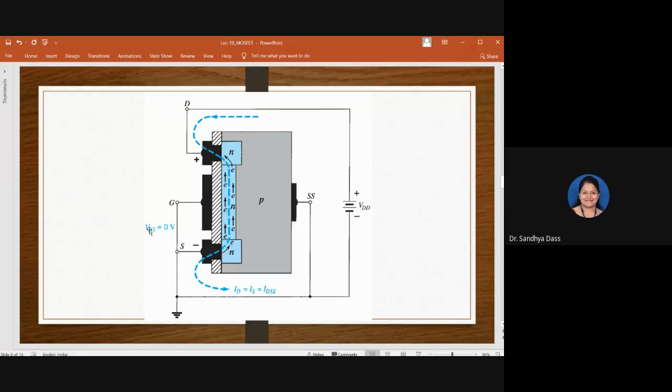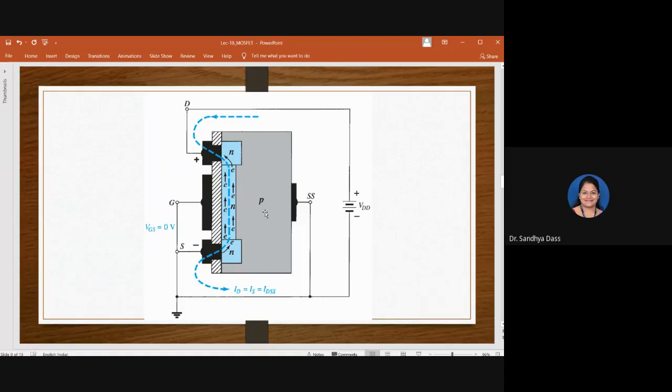Similar to the discussion we had, as you go on increasing the negative potential applied across the gate, the drain current goes on decreasing, right? It reaches a condition where, as you make VGS more and more negative, it will reach a pinch off condition again.